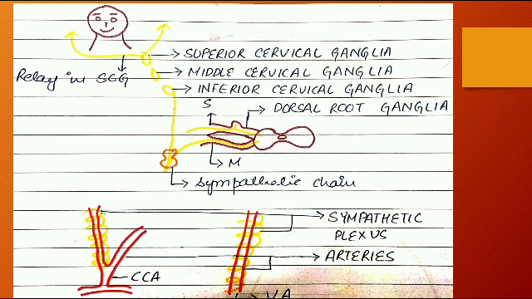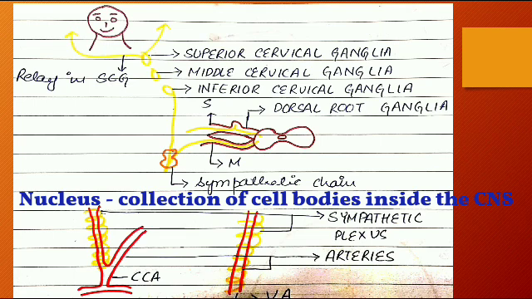Now let me ask you a question. Do you know the difference between a ganglion and a nucleus? I will tell you what's the difference. If a collection of cell bodies is present within the central nervous system, then that collection of cell bodies is called a nucleus.